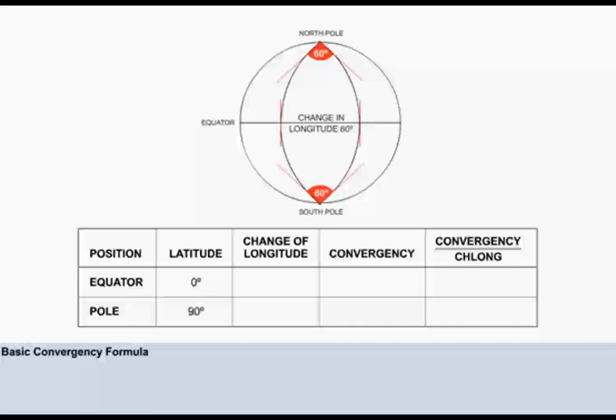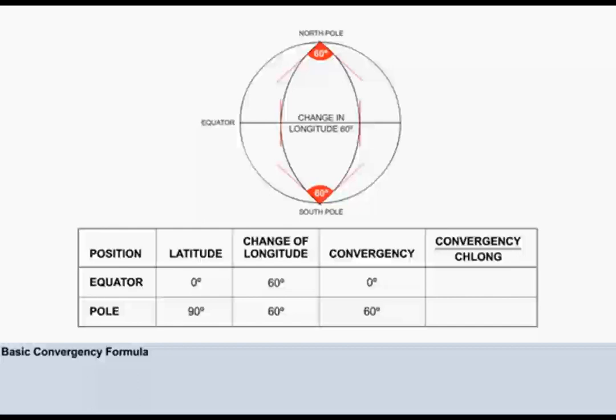The change of longitude in each case is 60 degrees. At the equator, the meridians are parallel. Their inclination to each other, or convergency, is 0. But at the pole, they meet at an angle equivalent to their change of longitude.